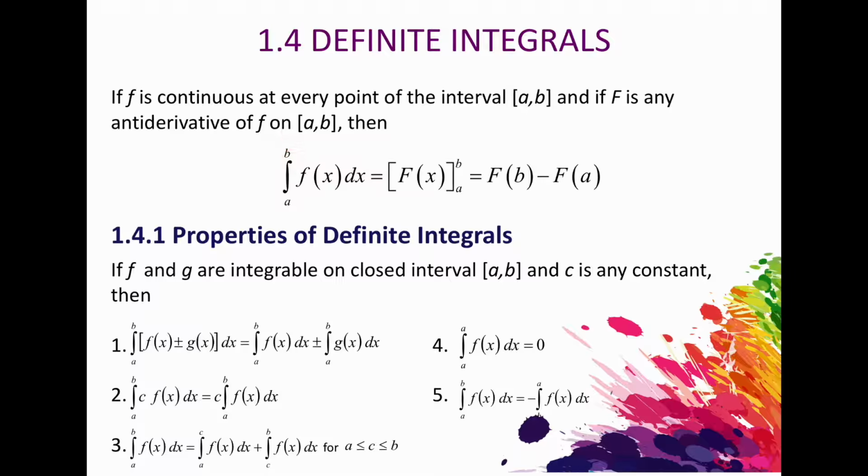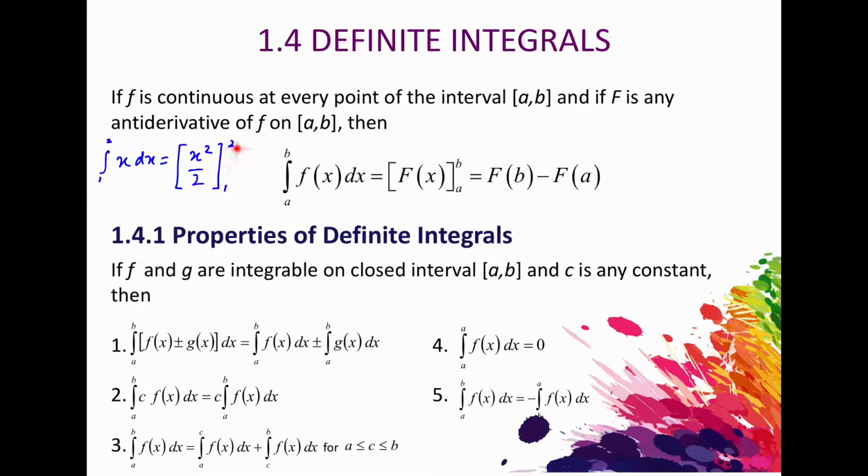So for example, if we want to integrate x from 1 to 2, first we get x squared over 2, and since it's definite we no longer have the constant. And then the next thing to do is to substitute the values here.